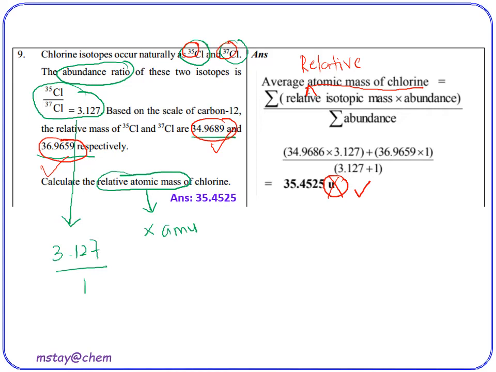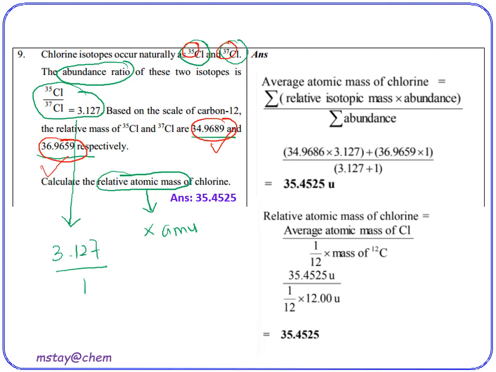We supposedly have to continue with the next step: relative atomic mass of chlorine equals the average mass of chlorine over 1 over 12 multiplied by the mass of carbon-12. With this formula, only then can we cancel out the unit of AMU and the 12, and maintain the same answer but without the unit.